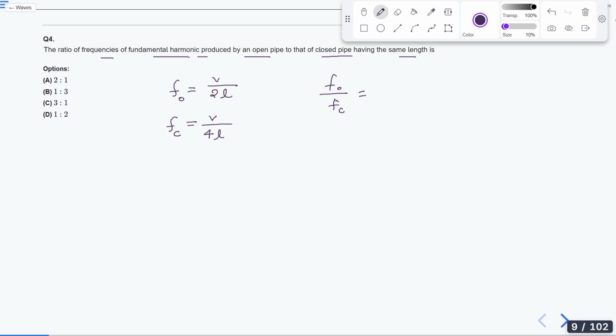Option A, 2:1. Any other option? Okay, 2:1. So it would be 2:1. Why are other people not responding?